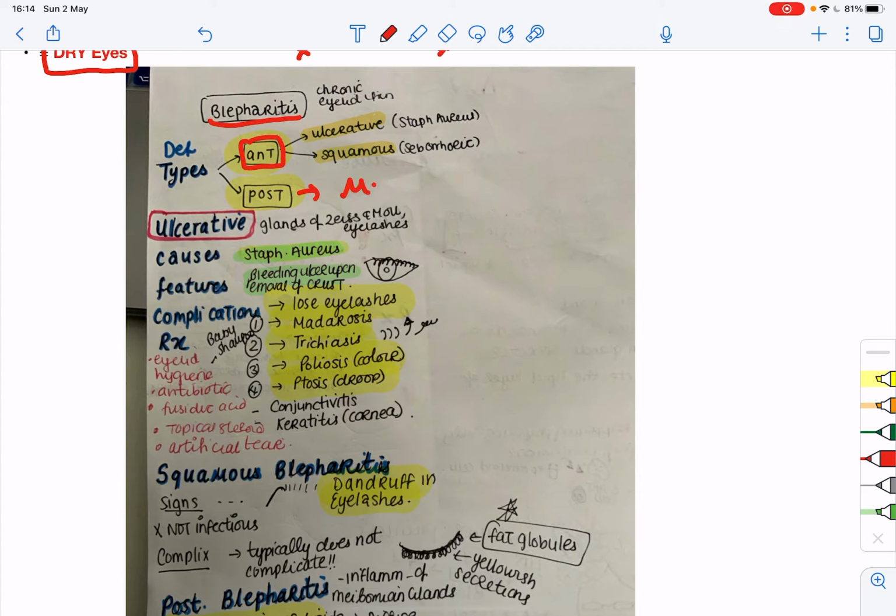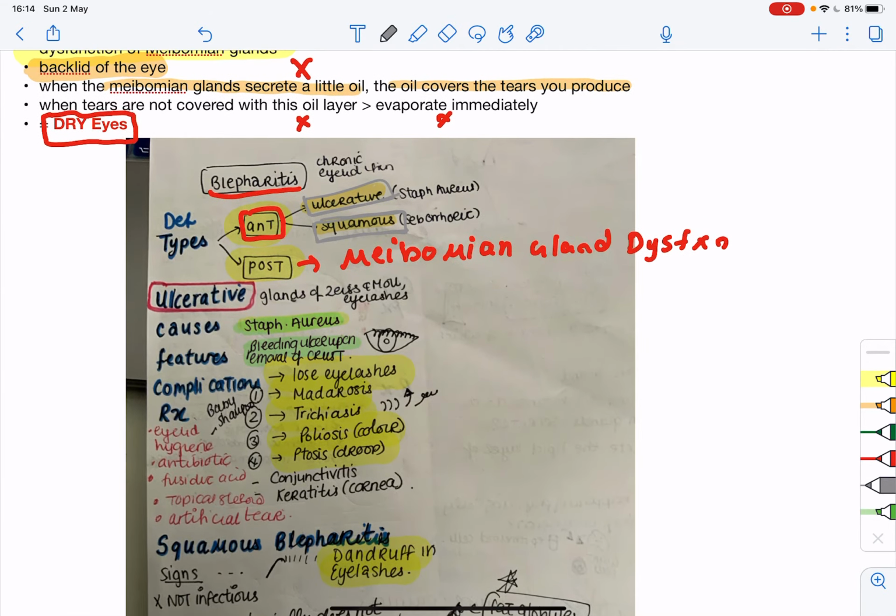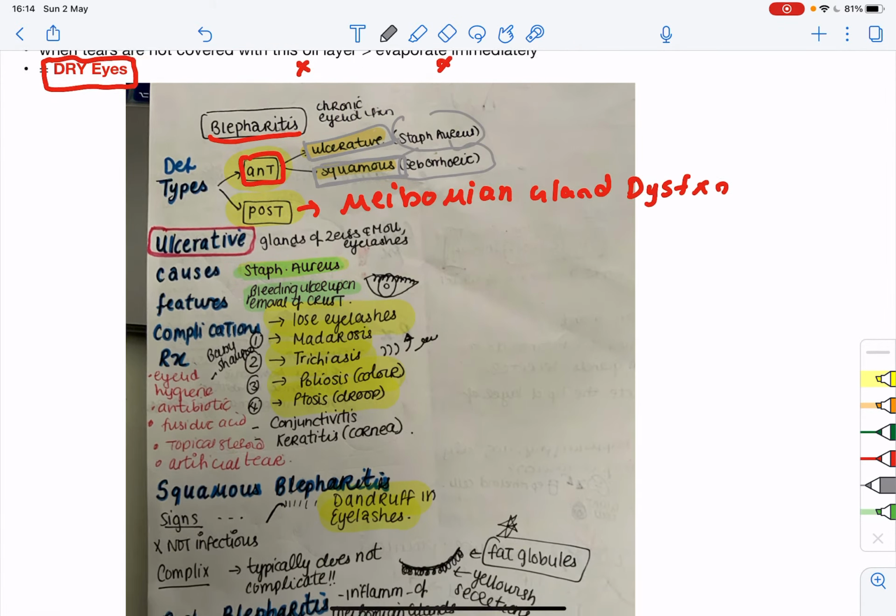Posterior is always associated with meibomian gland dysfunction, and anterior is always associated with either ulcerative or squamous. Now, you might think that I'm giving you new words, but this is the same thing. Ulcerative is the same as Staph aureus, and squamous is the same as the seborrheic type.